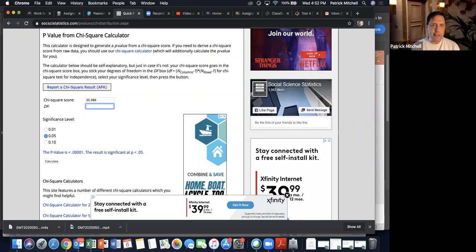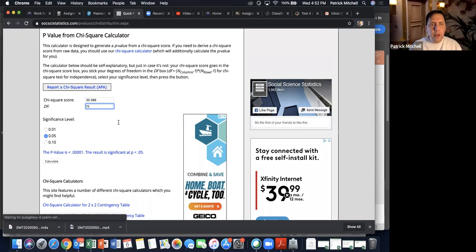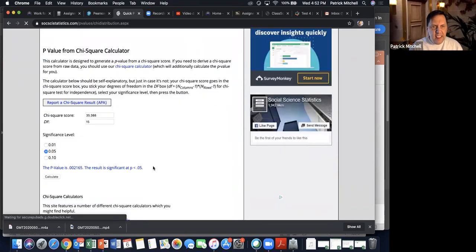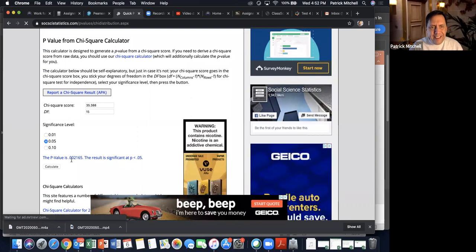Remember, there were 16 cities. 16 minus 1 is 15. 1 times 15 is 15. Significance level is still 0.05. So if I press calculate, there is the p-value, 0.002165. Okay. In the PowerPoint, they said 0.002. All right.